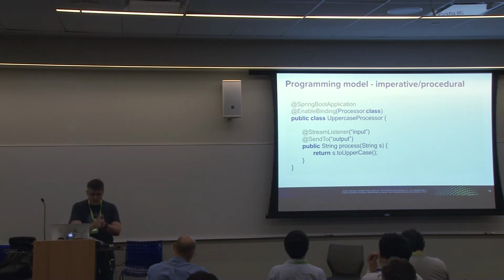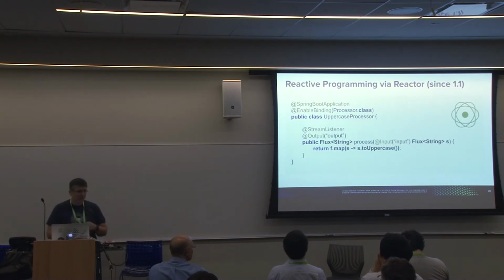we are biased towards a more functional programming model based on Reactor. And we support it in 2 ways. Through adaptation over existing messaging middleware integration, which means that the system is not necessarily reactive, but the programming model is still functional.